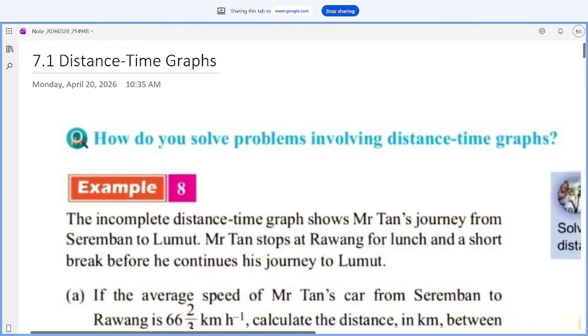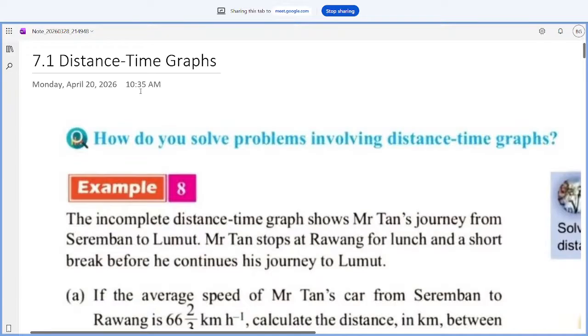Luas bawah graf, dia mewakili apa-apa tak? Anyone else? Siapa tahu? I don't know. Okay, basically there is no answer, guys. Tak ada jawapan. Luas bawah graf jarak melawan masa ni tak ada apa-apa. There is no quantity representing the area under a distance time graph. Remember that. You must remember that. So only the gradient, kamu boleh tahu kecerunan saja.